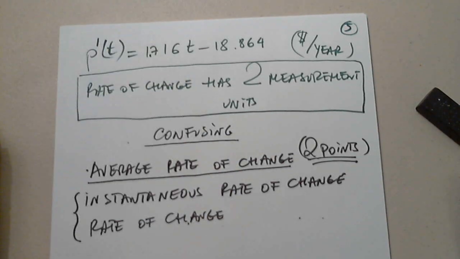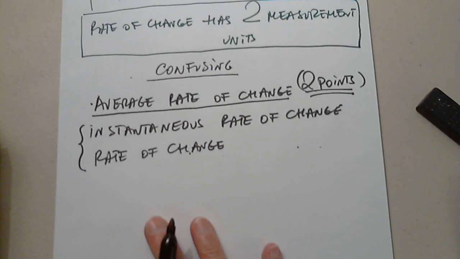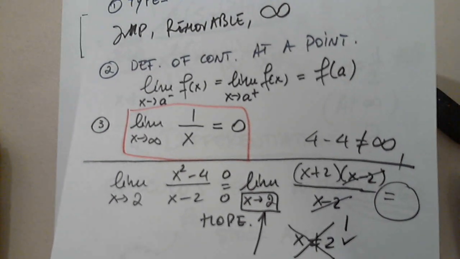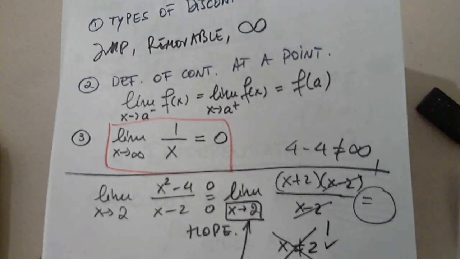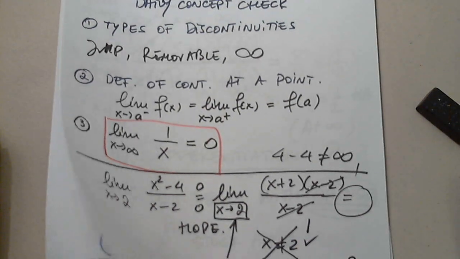Is it the difference in cost between 2020 and 1967? Very good question. Is it the rate, as in how fast it is, like per year? Yes. So what am I asked to find?